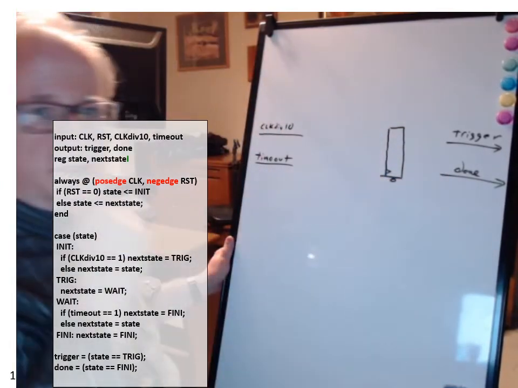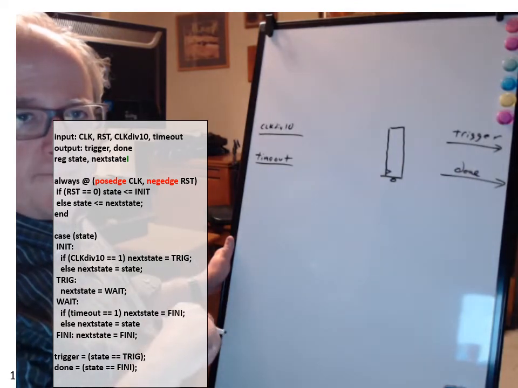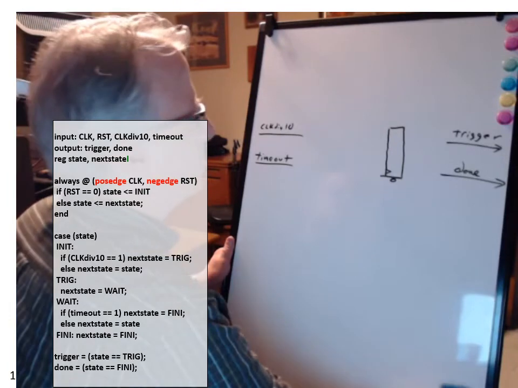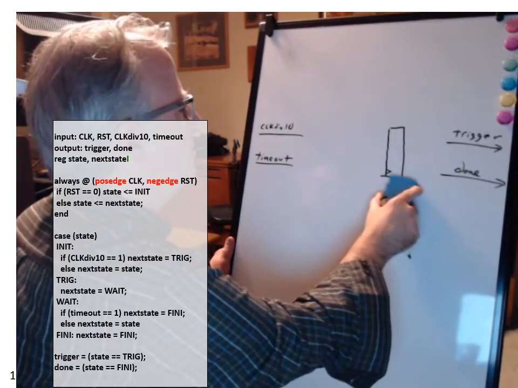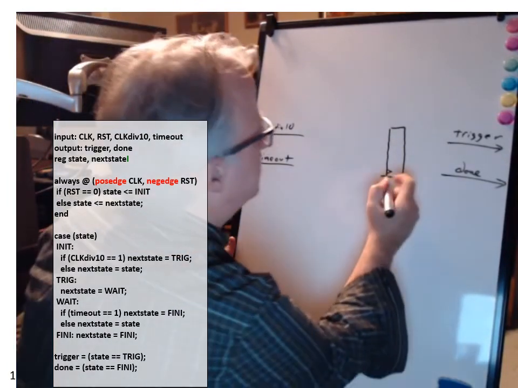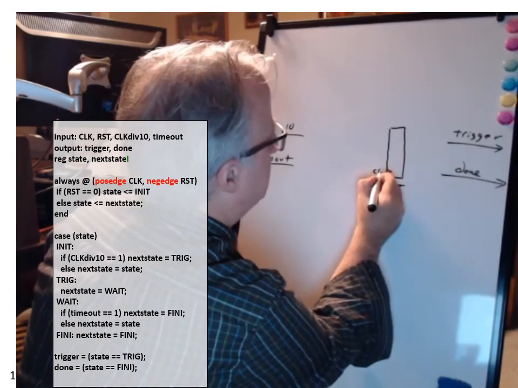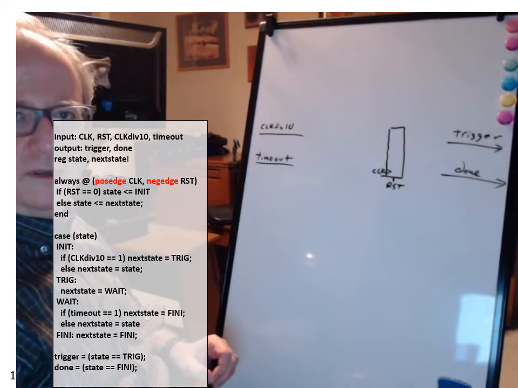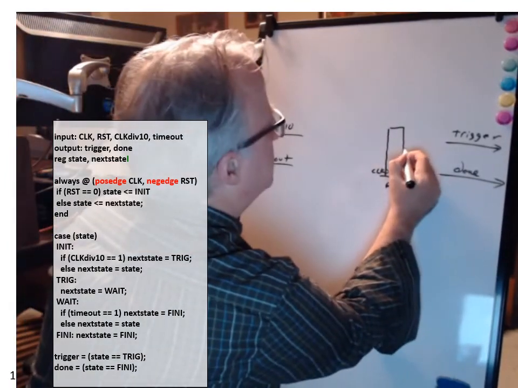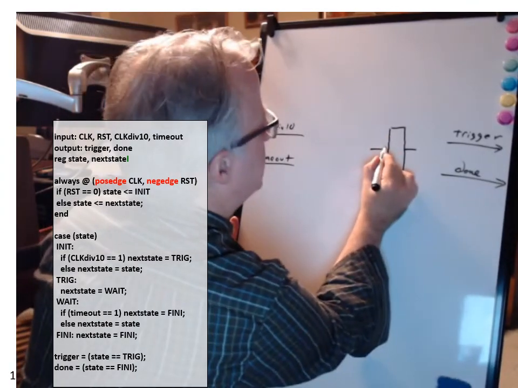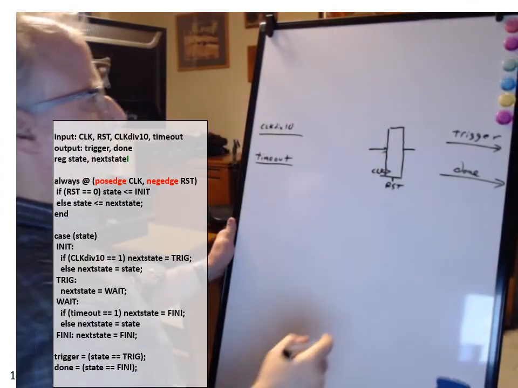It's got a clock and a reset on it. Well, that says RST, so I suppose that wouldn't be active low. So I'll let it be an active high reset. And I've got clock. Okay. And I've got state and next state.